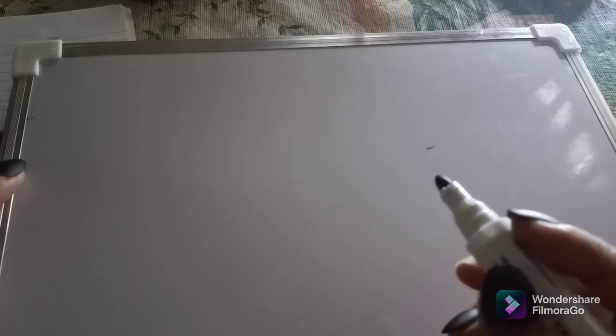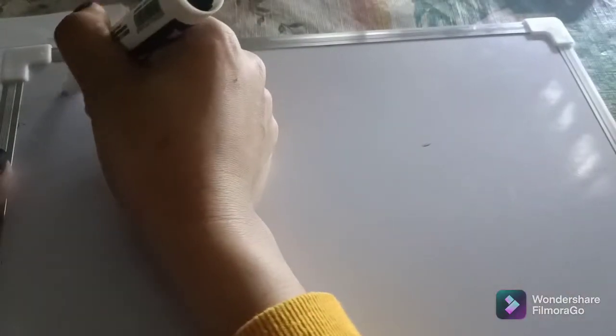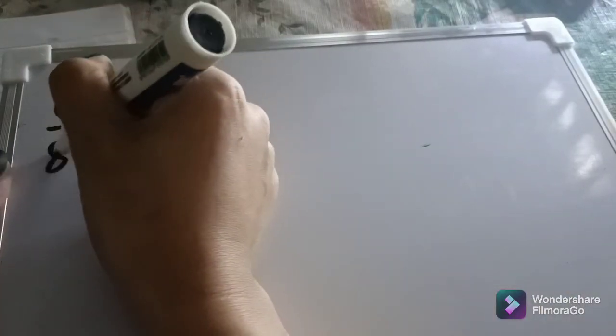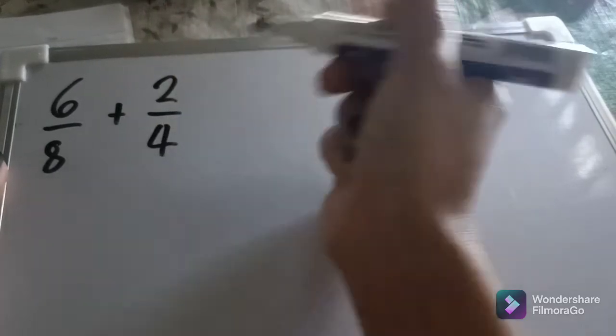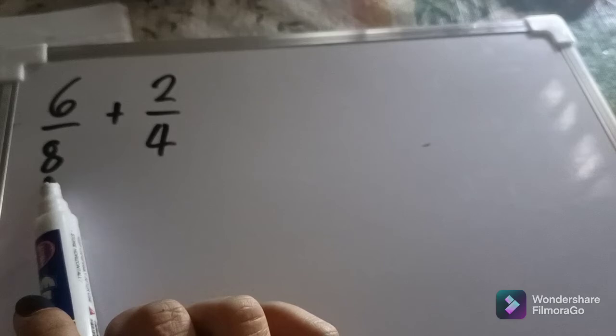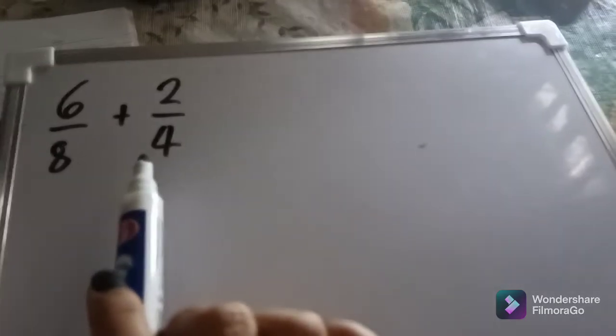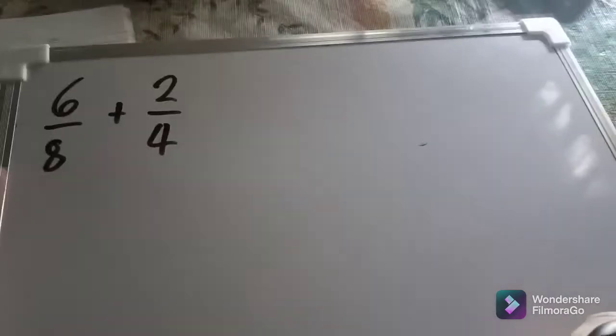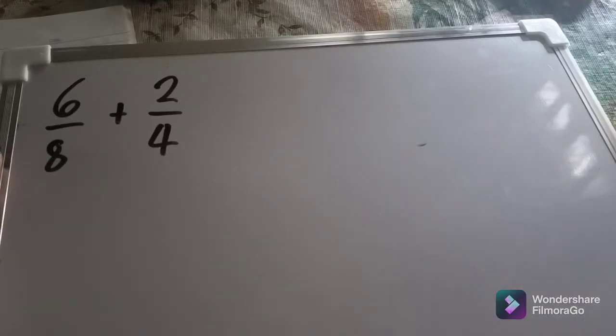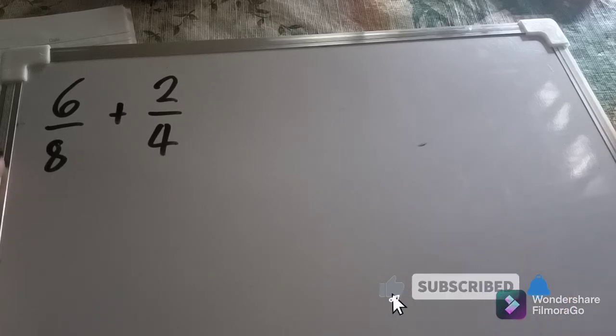Okay. Okay, we're gonna have one more example. Okay. So we have here 6 over 8 plus 2 over 4. Okay, so as you can see, we have different denominators. Okay, so we have to think of an LCD or a number that can be divided by both 8 and 4.